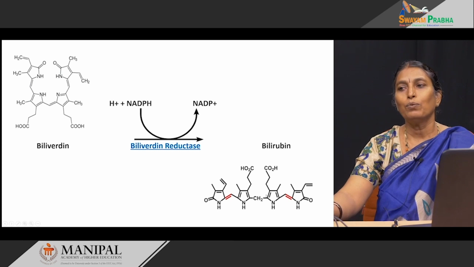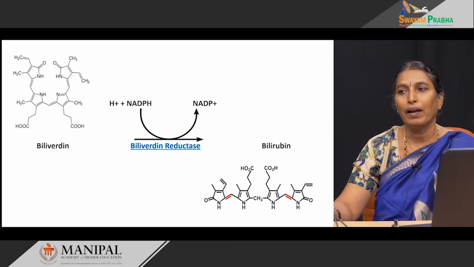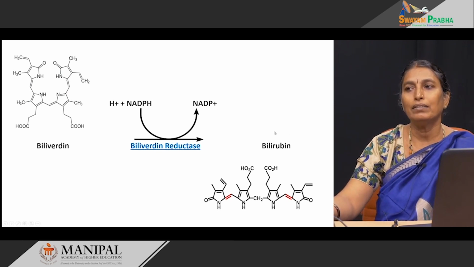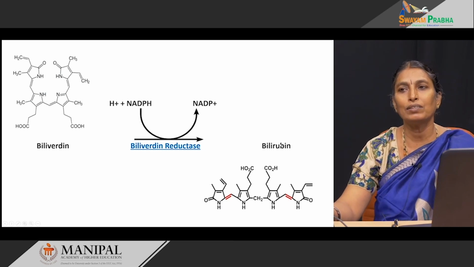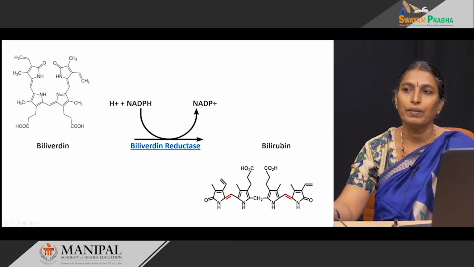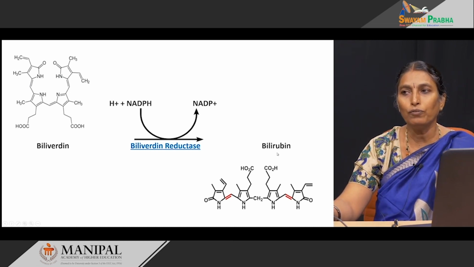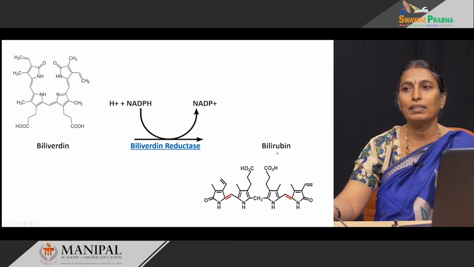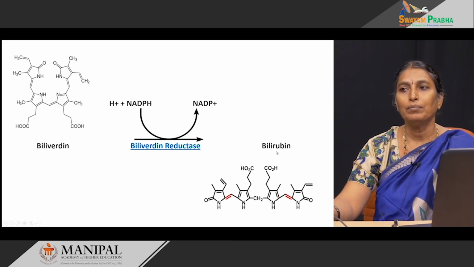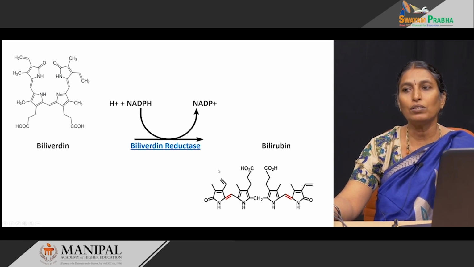This pigment is water insoluble, and this pigment does not have any function in our body. So, since it is water insoluble and has no function, it has to be excreted from our body. The liver is the main organ which does the detoxification processes. Detoxification means dealing with toxic compounds.